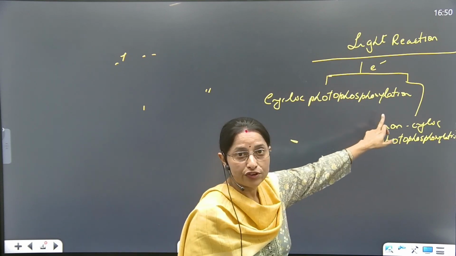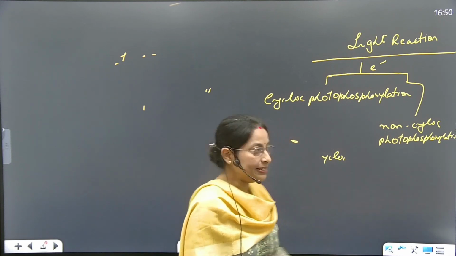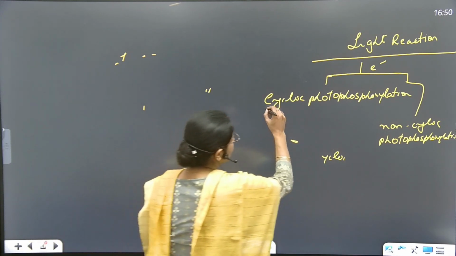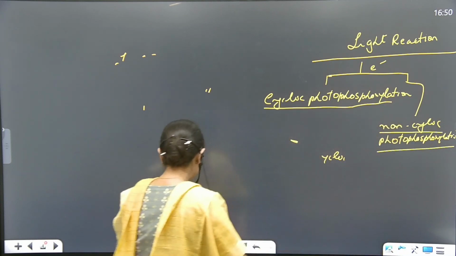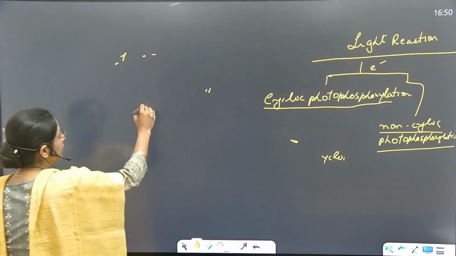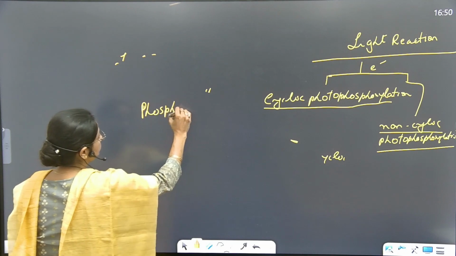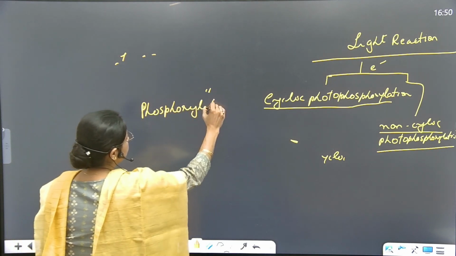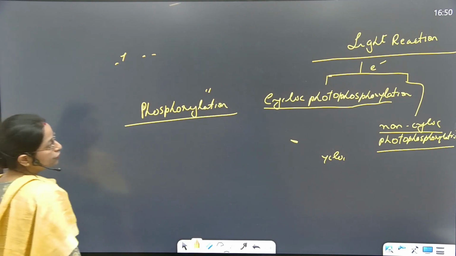Cyclic photophosphorylation and non-cyclic photophosphorylation, right? Cyclic or non-cyclic is something that we have understood. We need to understand the word called phosphorylation.